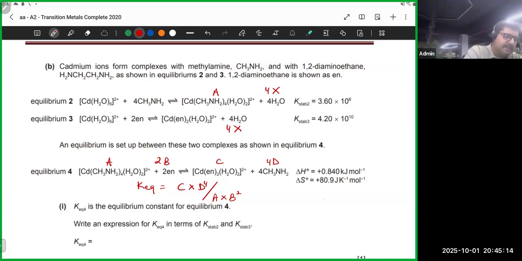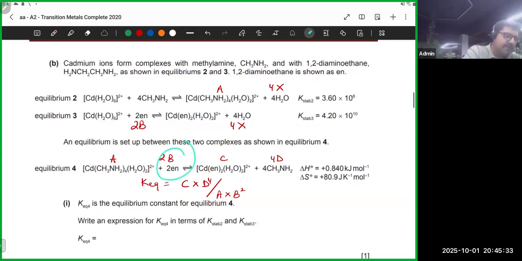I think he's basically asking for the equilibrium 4 constant; you have to describe it in terms of K stab 2 and K stab 3. So what I am calling X, and B I already called B, so I'm going to keep it B. Is there CdH2O6? That's not there, so I'm going to give it another name, Y. So CdH2O6 is Y. CH3NH2, what did I call it?